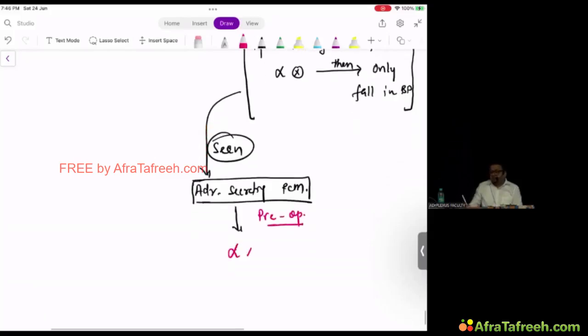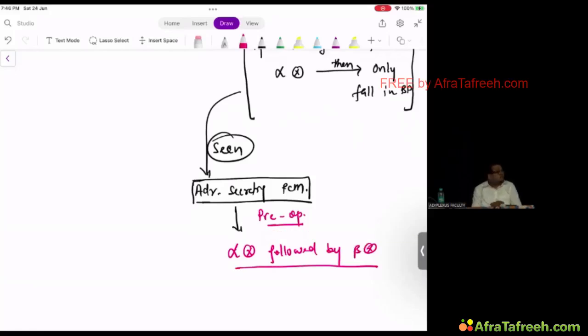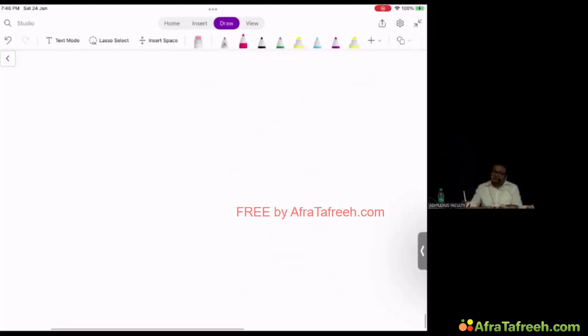You give an alpha blocker, and after the alpha blocker, you also add a beta blocker. So you give phenoxybenzamine, then you give propranolol. You block alpha, you block beta also. So preoperatively, beta blockers are also used in pheochromocytoma to prevent which phenomenon? Vasomotor reversal.